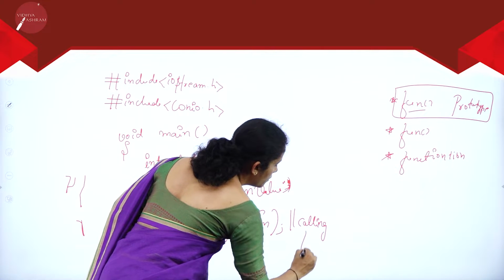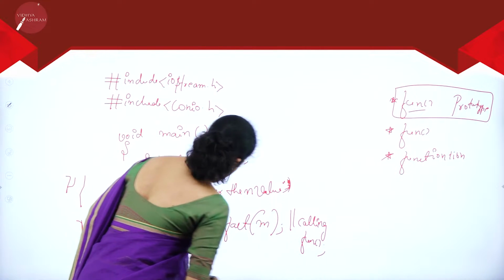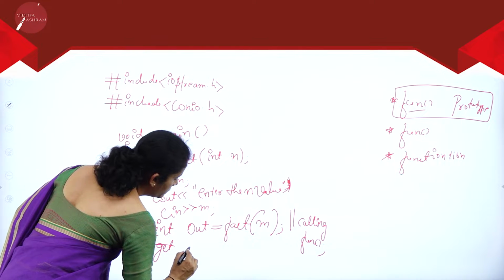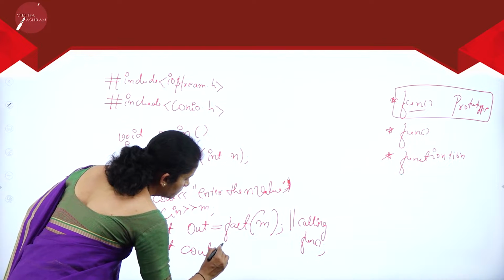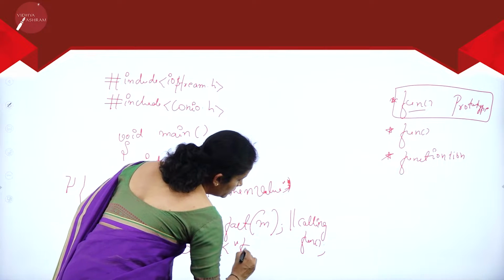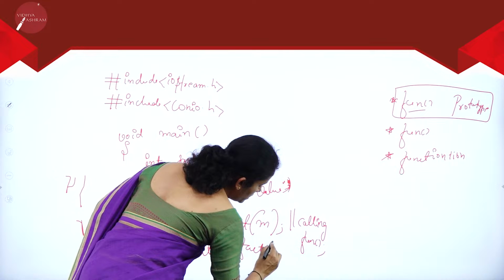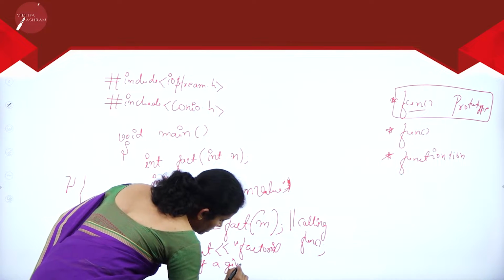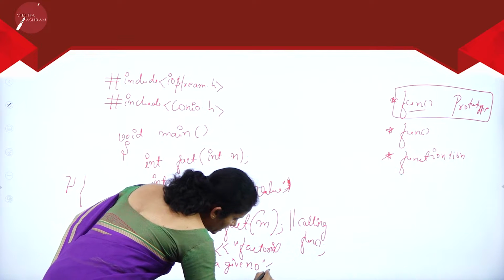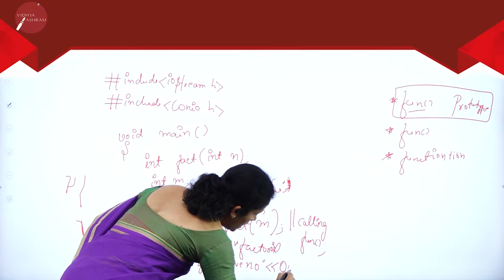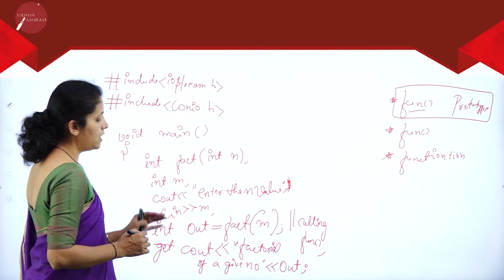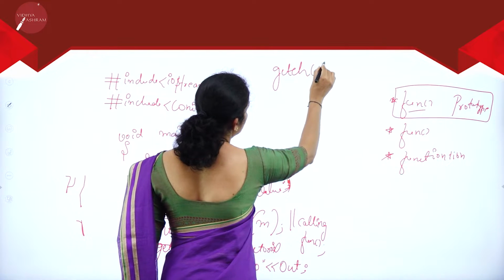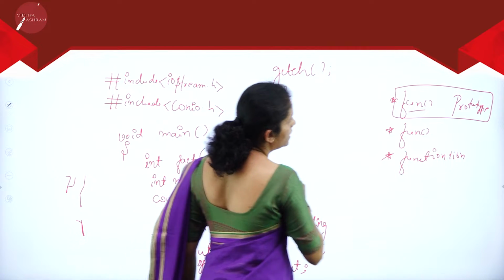Now I'll write cout factorial of a given number, then I'll write out. Now I'm going to write getch, and I'm going to close the main function.